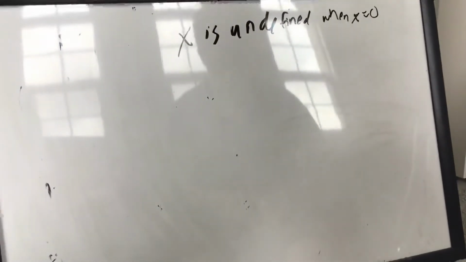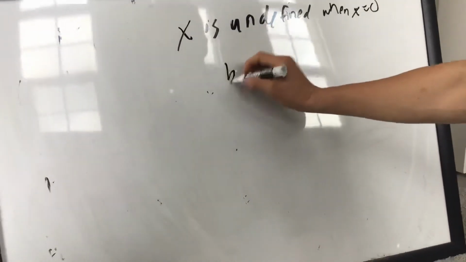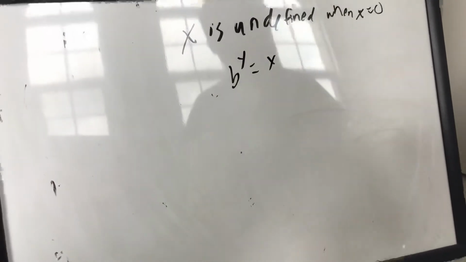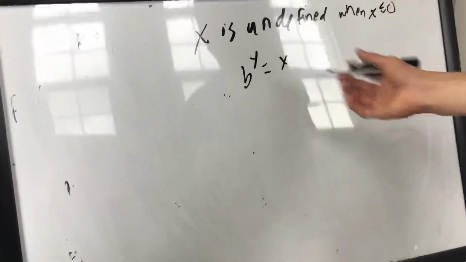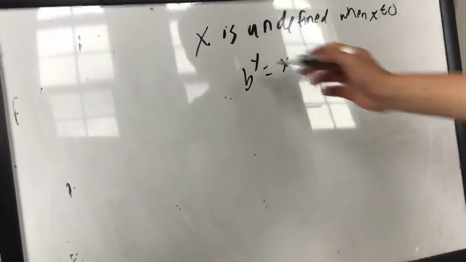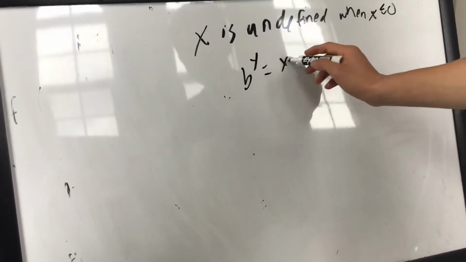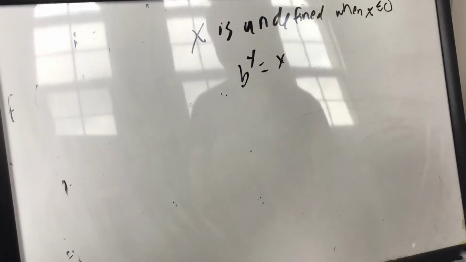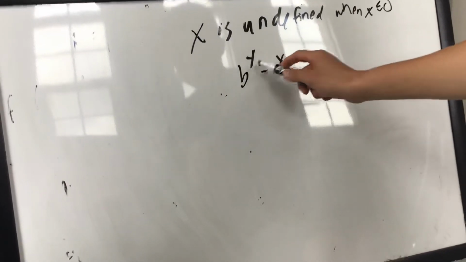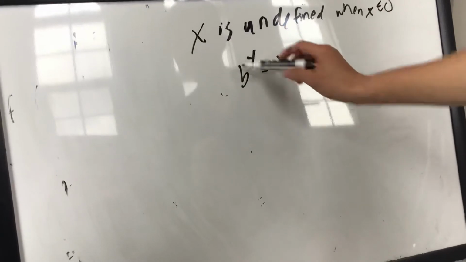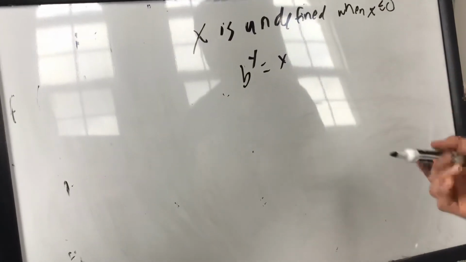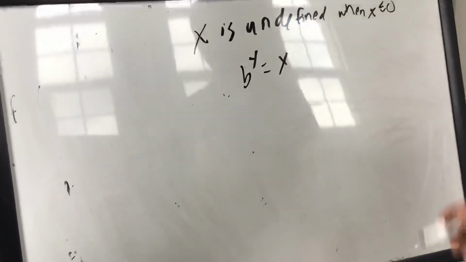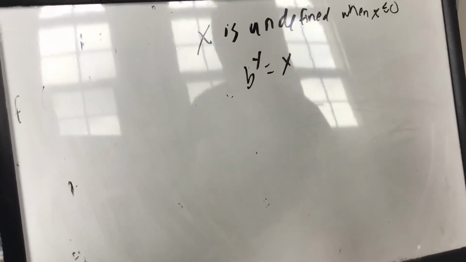Now this makes sense because how can you have b to the power of y equal to x if x is negative or equal to 0? You can't have a positive base to an exponent that gives 0 or negative, because as you decrease y as far as you could possibly go, it'll actually just create a fraction that's smaller and smaller and smaller. So you can never have a logarithm's argument that's 0 or less.